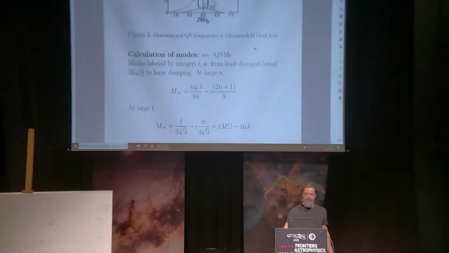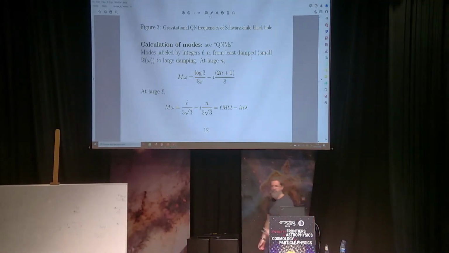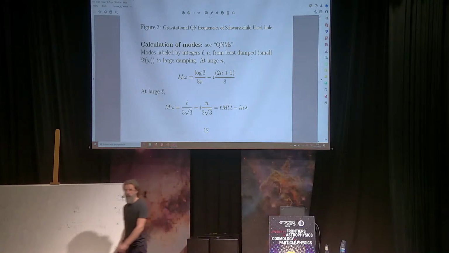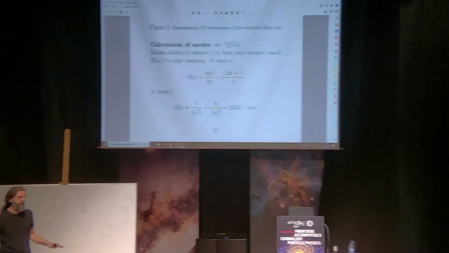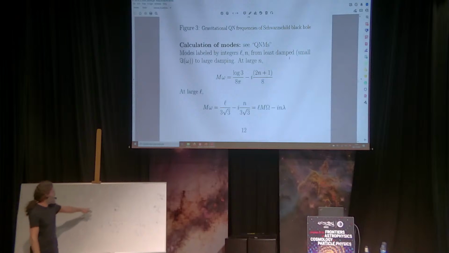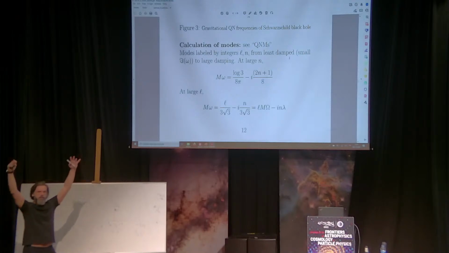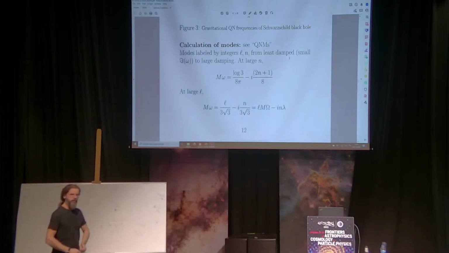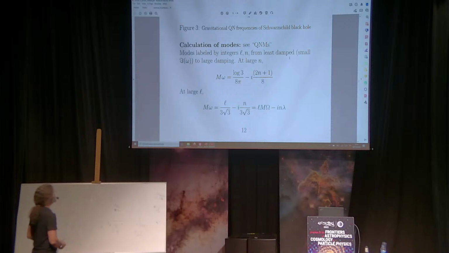Very good. We've been doing this. There's an industry for this. We've been doing this for decades. We know everything about how black holes vibrate. And here you go. If you look at very large angular numbers L, which would be the high-up hydrogen atom states, if you wish, then we know the asymptote to this number.